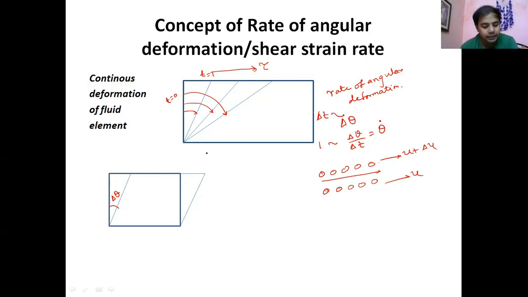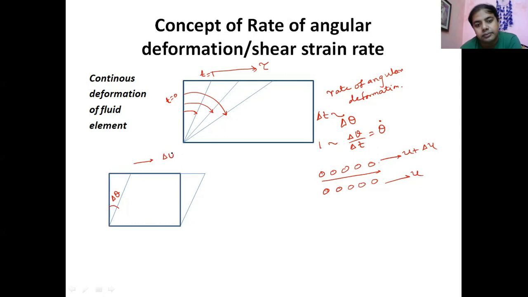We'll see that topic in the next portion. Here, if you see the layers, this is the bottom layer and this is the top layer. The bottom layer has some velocity U. Here the velocity is more. How much more?